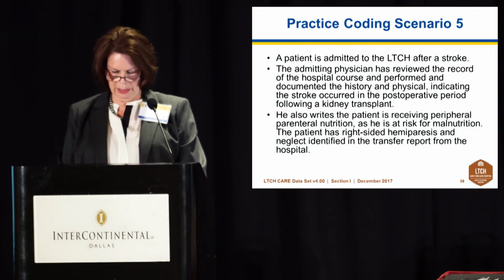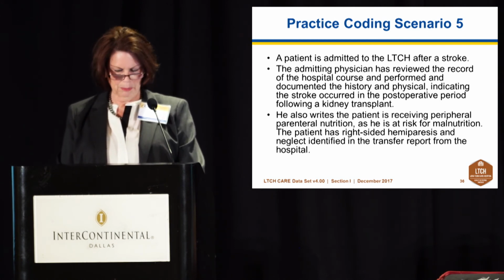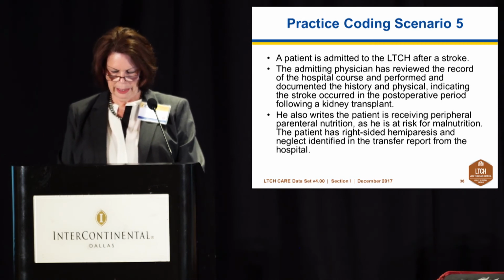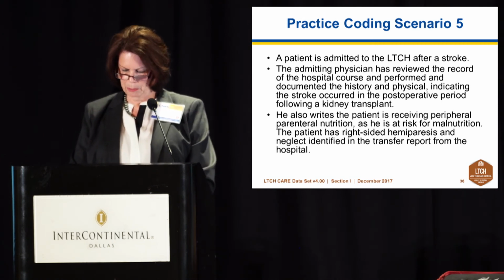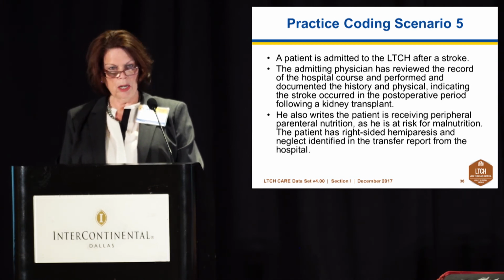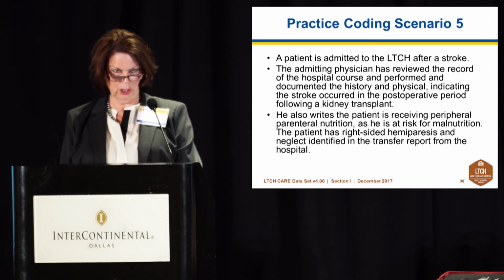A patient is admitted to the LTCH after a stroke. The admitting physician has reviewed the record of the hospital course and performed and documented the history and physical, indicating the stroke occurred in the postoperative period following a kidney transplant. He also writes the patient is receiving parenteral nutrition as he is at risk for malnutrition.